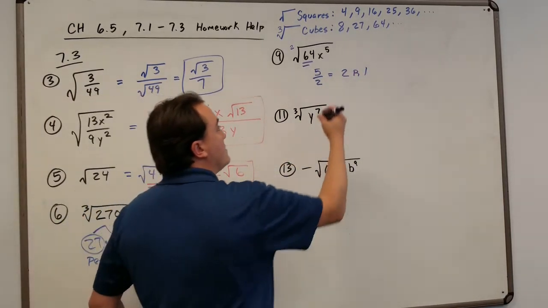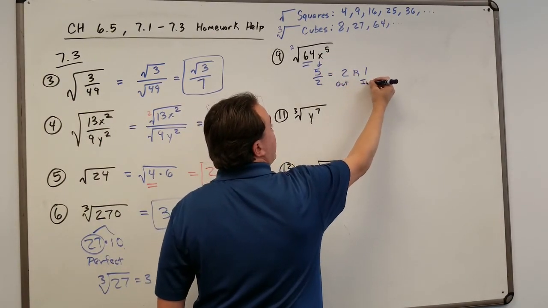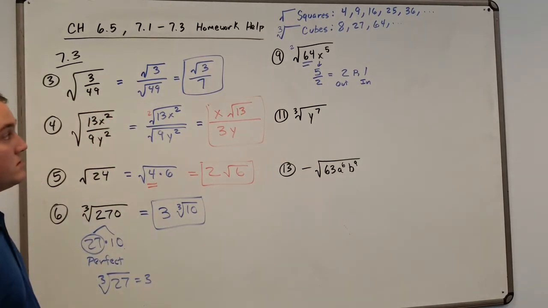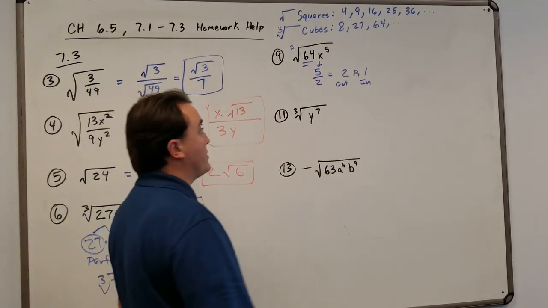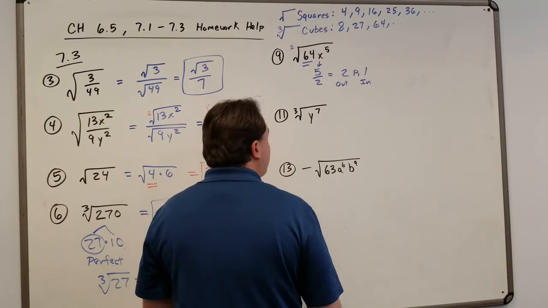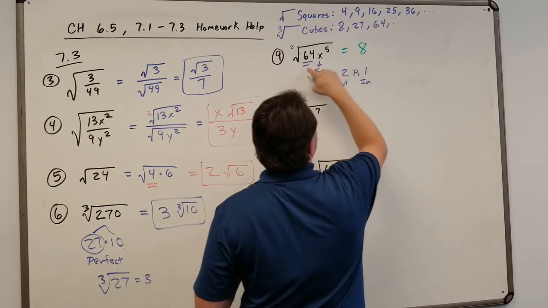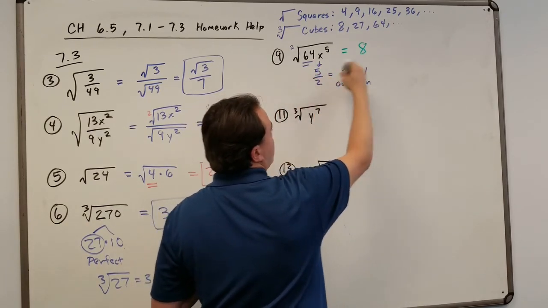So we could take 2 x's out, 1 x will stay in. The 64 comes out completely. That becomes 8.